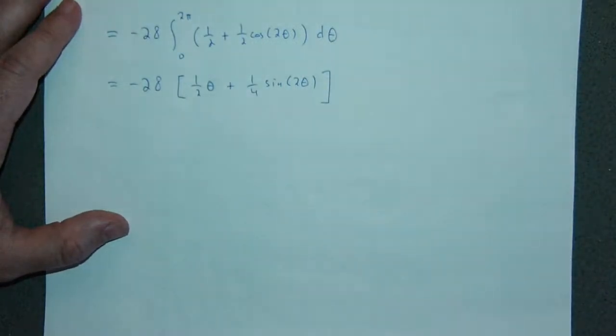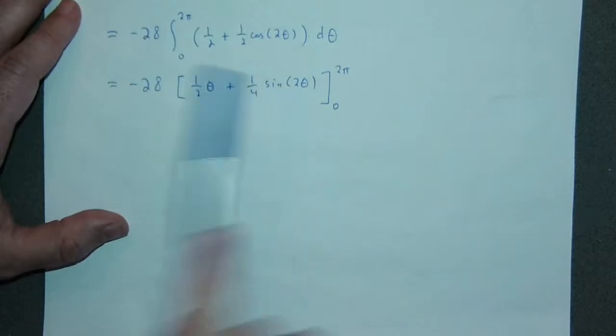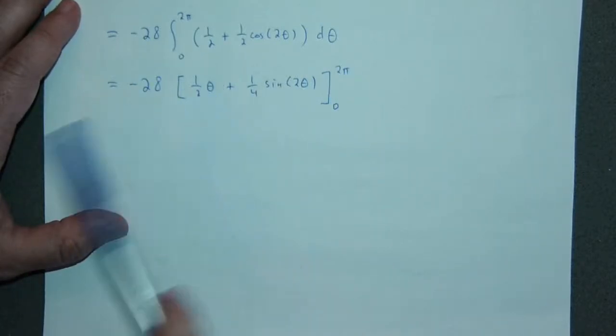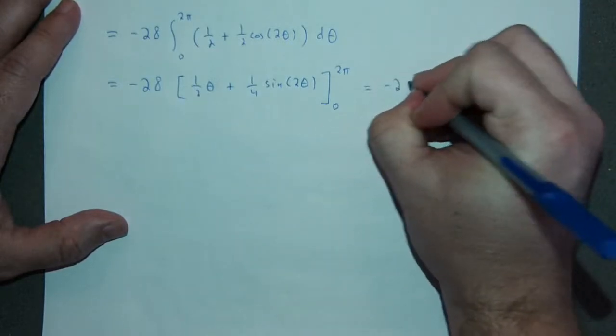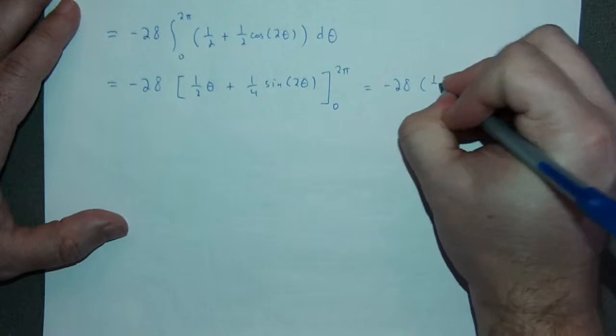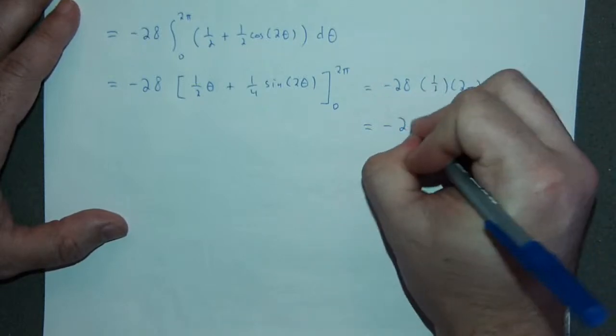Right? From that integration, this would all be evaluated from 0 to 2 pi. Now, evaluating at 0, both terms are 0. Evaluating at 2 pi, this term is 0. And so I only get 1/2 times 2 pi times minus 28. So I get minus 28 times 1/2 times 2 pi, or minus 28 pi.